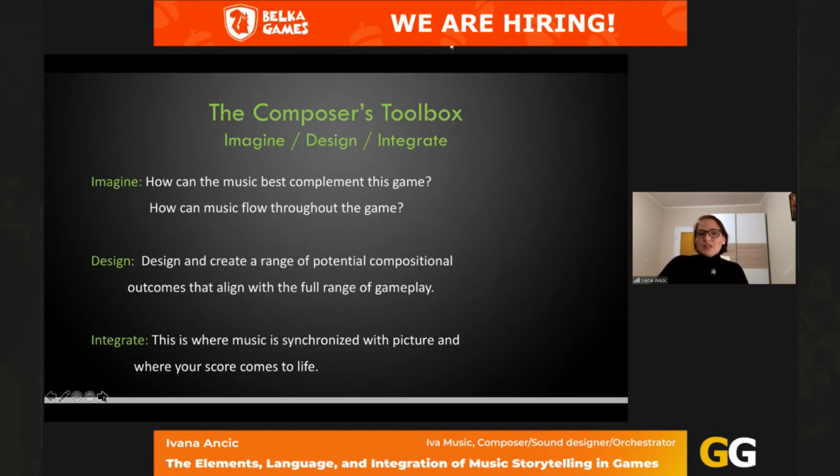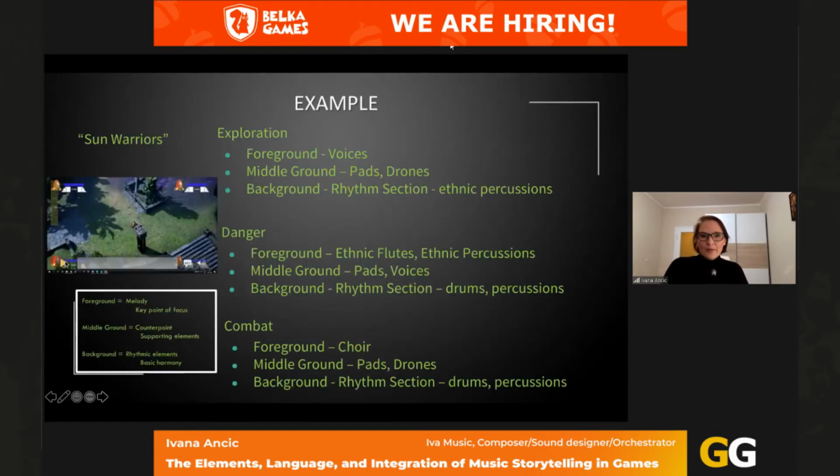This is where music is synchronized with picture, and where your score comes to life when you start using the audio middleware, and you see what works and what doesn't, and what changes you need to make in order to make it sound better.